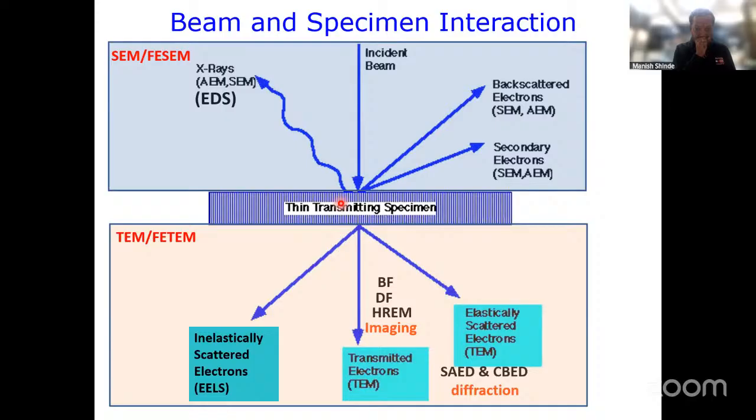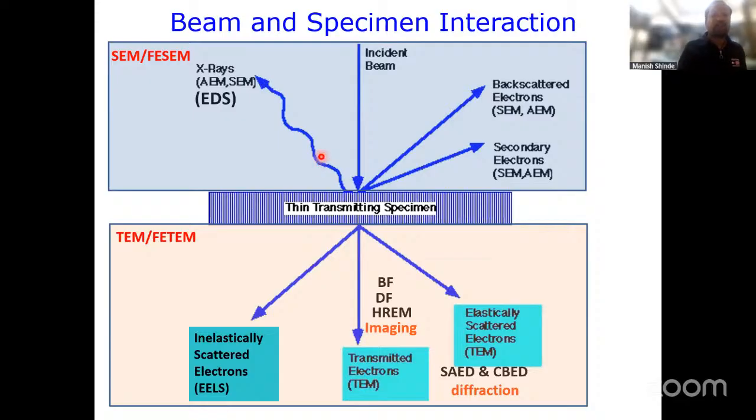If the sample is thin enough, some beam can also penetrate through the sample. And during penetration, it can generate certain signals like some elastically scattered electrons, some inelastically scattered electrons, and some directly transmitted electrons. Along with that, it can also generate X-rays in the transmission mode also.